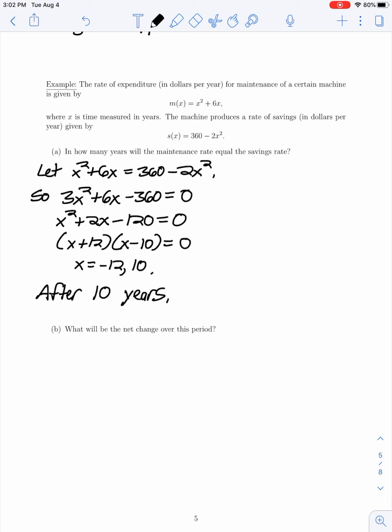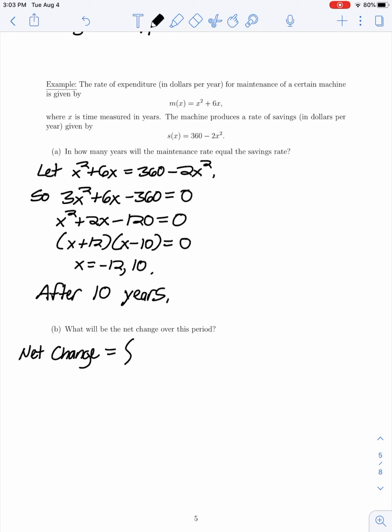So in part B, to determine the net change over this period, as in our last example, we would consider the total rate of savings minus the total expenditure to get the total or net change over this period.